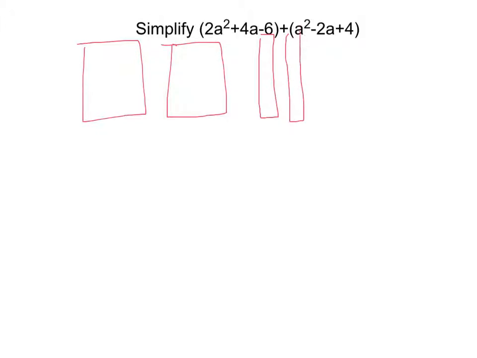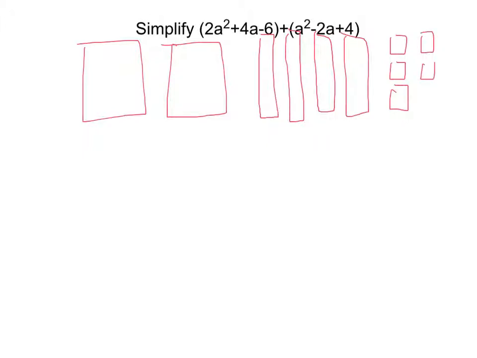So I model those with the shapes that you know represent each squared or number. 2a squared, and a squared is like this, so put 2 of the squareds, plus 4a, so 4 of these, minus 6, so 1, 2, 3, 4, 5, 6, then you can color those in to show that they're negatives.